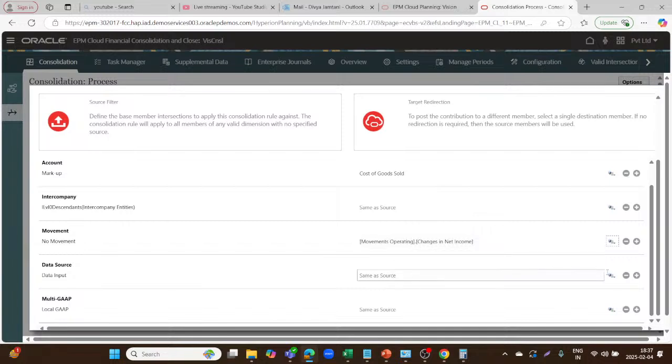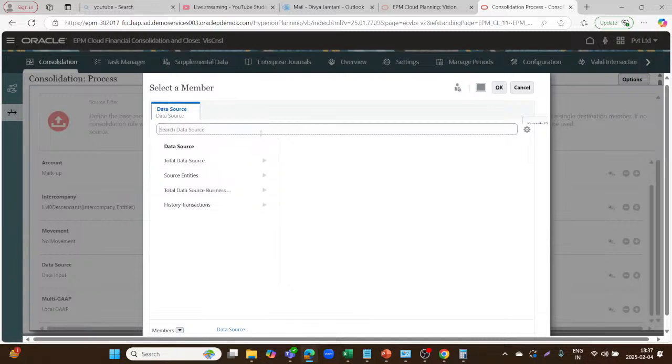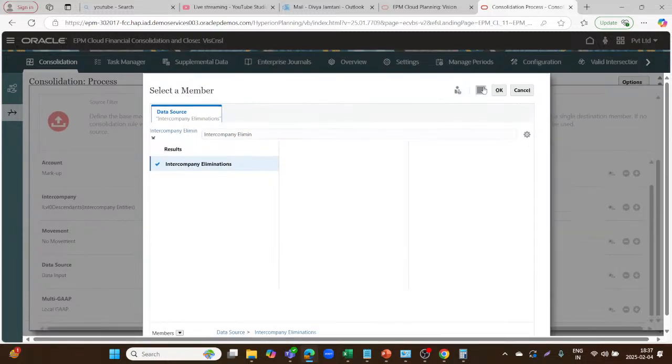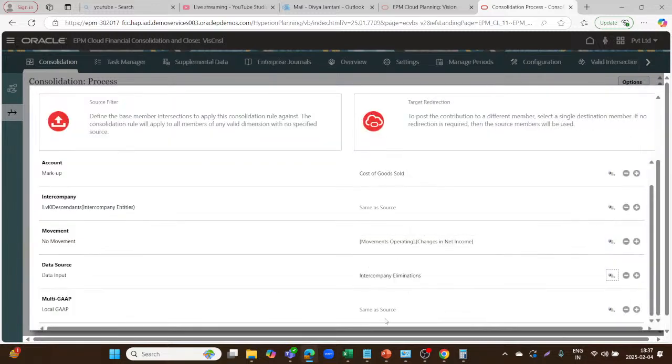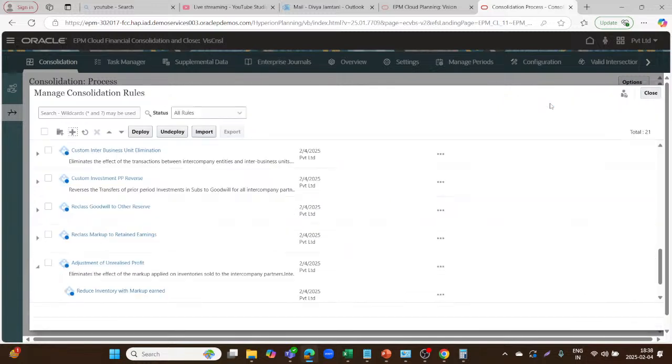And for data source, that is source data input, I want here intercompany elimination. And the local cap should be whatever is there in source, same as source we want in target redirection. Okay, so save and close.